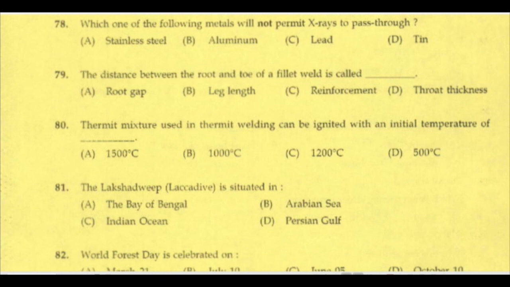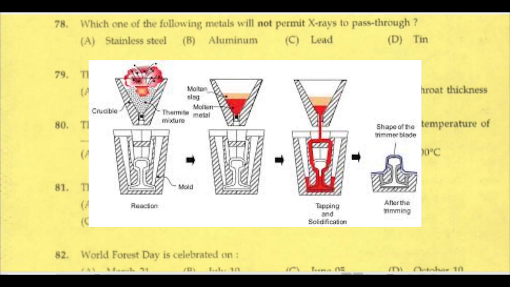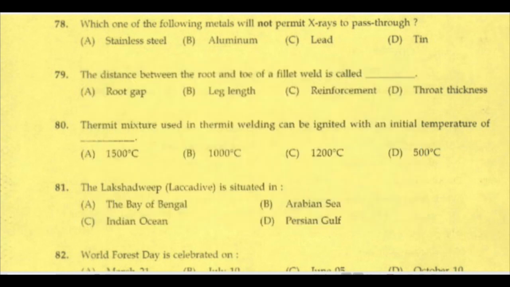Thermite mixture used in thermite welding can be ignited with an initial temperature of... In thermite welding process, it is ignited with an initial temperature of minimum 1200 degrees Celsius.